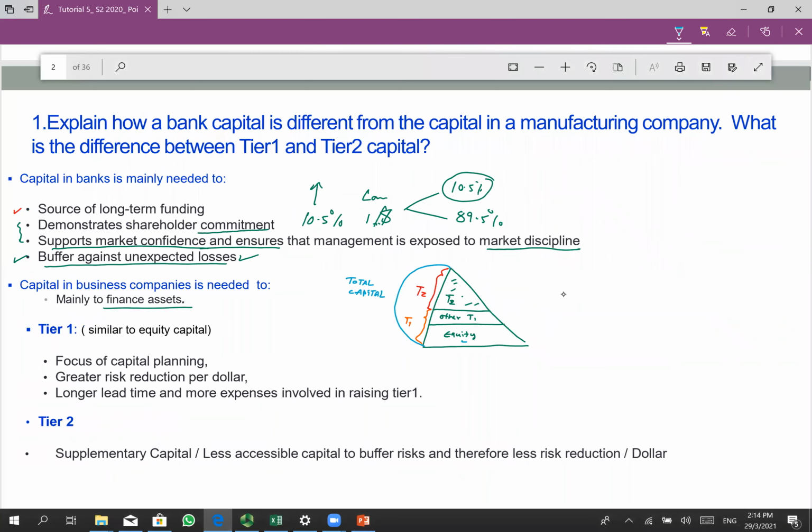And therefore, here we say what is tier 1. Tier 1 is this area, which is focused, it's good quality. What do I mean by good quality? If there is a problem, I can access it without any restrictions. Equity is almost like cash inside the company.